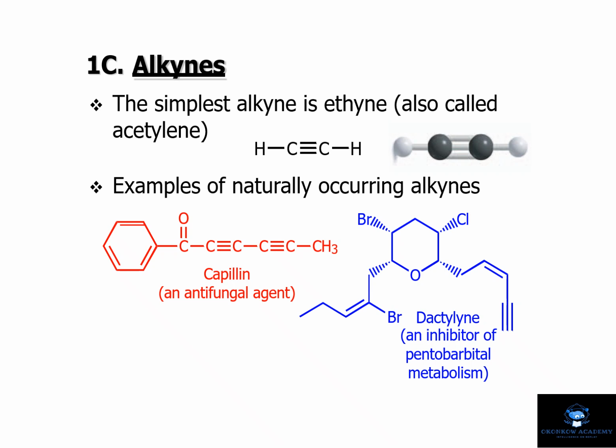These examples show that even the triple bond, often thought of as a synthetic curiosity, appears in nature with real biological functions. So, those are the structures and the applications that I've mentioned. You can also look into more applications about them.